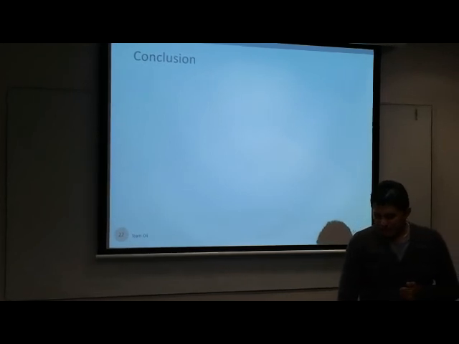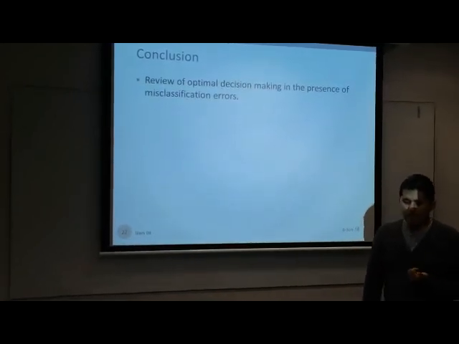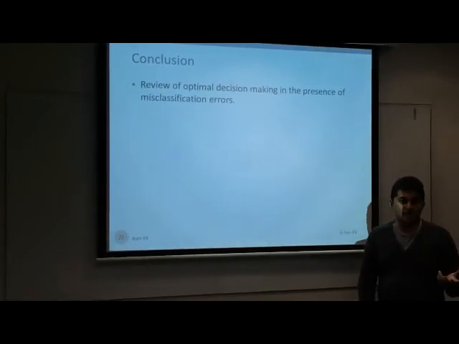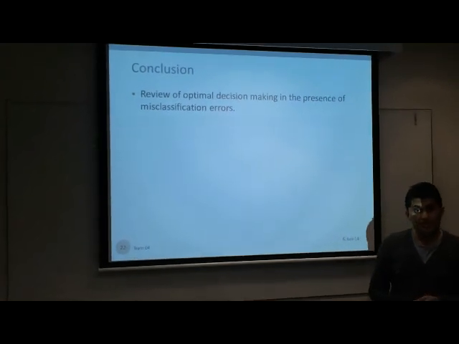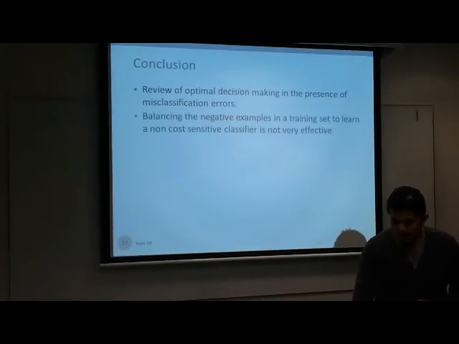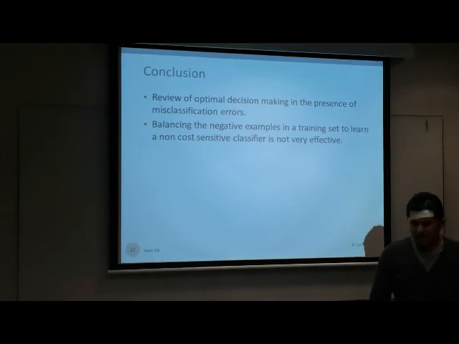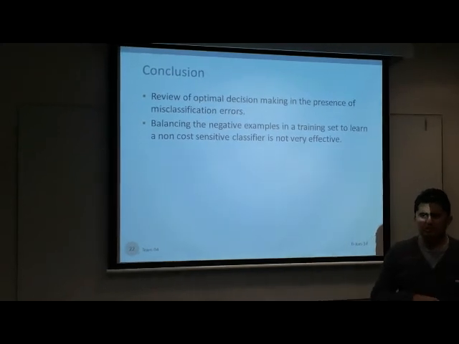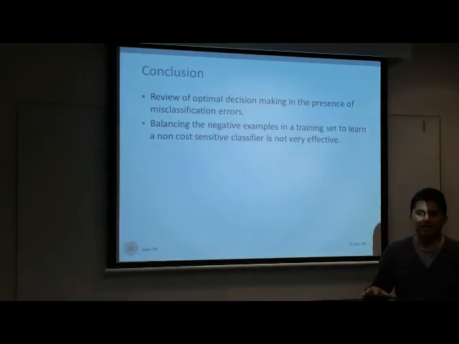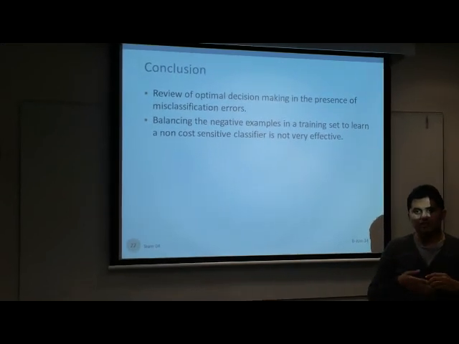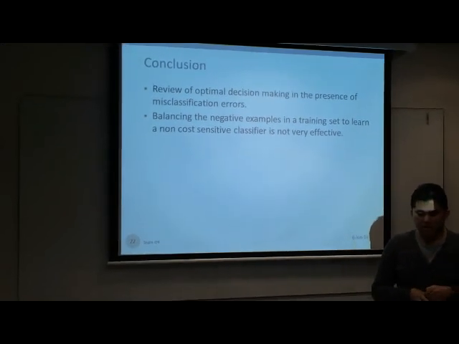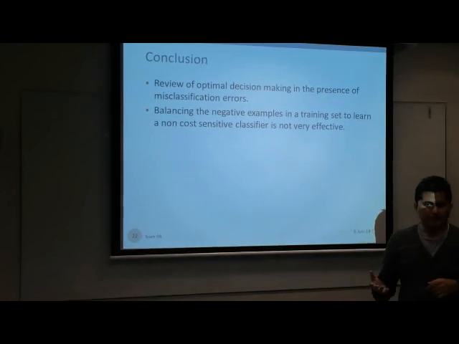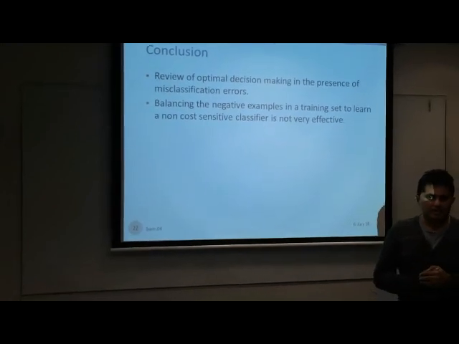Finally, the conclusion. I think this was a very good review of how optimum decisions are made in the presence of misclassification errors. We also saw how the author discussed balancing the positives and the negatives. It was shown that it is not very effective in making optimal decisions.